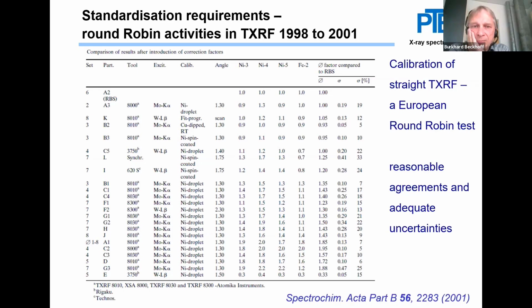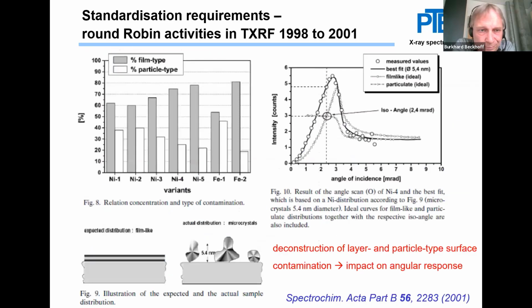And so this round-robin activity, I think this was led by Ingrid Rink from NXP, showed reasonable agreement, adequate uncertainties. So I would like to recommend to you the Spectrochimica Acta Part B publication. There are other ones before 98 that are also rather good.